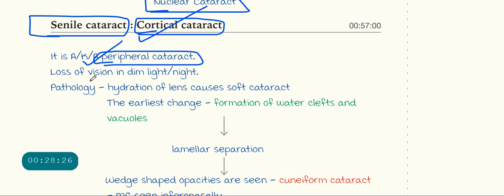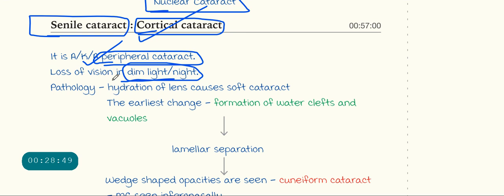In the previous one there was a loss of vision in sunlight. Here the vision is lost in dim light or night.